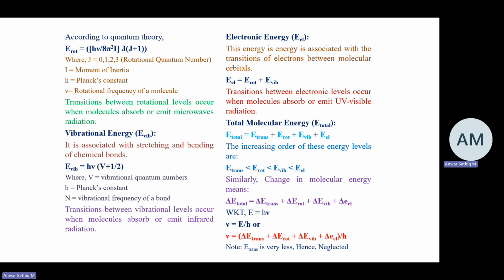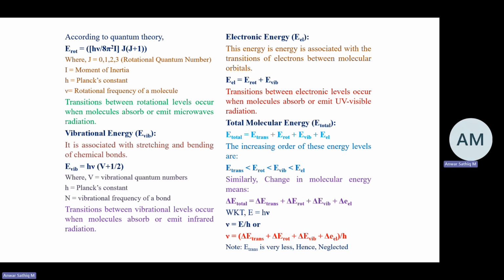V is equal to 0 or 1 or 2, etc. h is Planck's constant. Nu is the vibrational frequency of a bond. Transitions between vibrational levels occur when molecules absorb or emit infrared radiation.